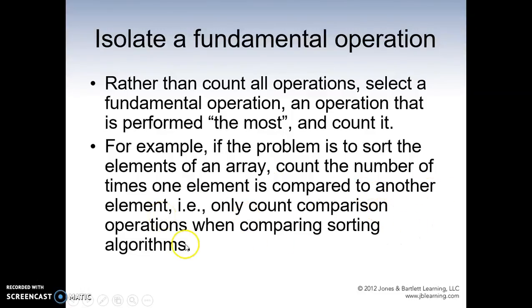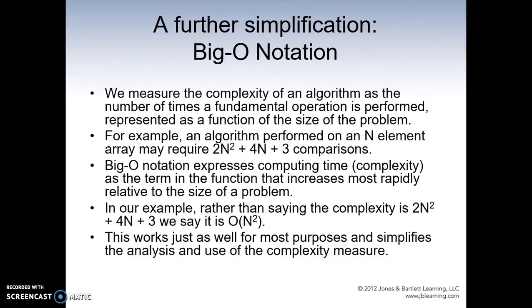Only count comparison operations when comparing sorting algorithms. So we measure the complexity of an algorithm as the number of times a fundamental operation is performed. We don't care about too many small things. Only look at the fundamental, and represent it as a function of the size of the problem.